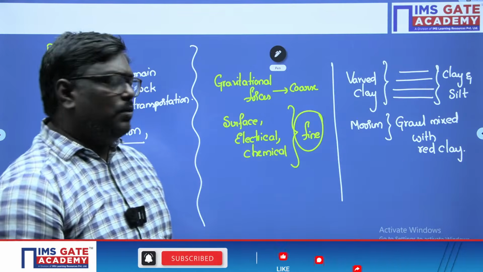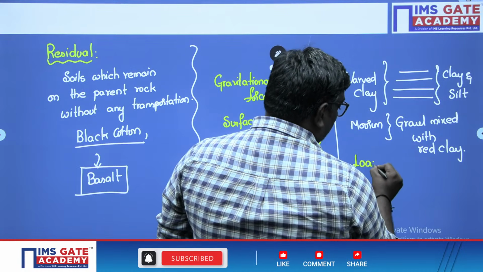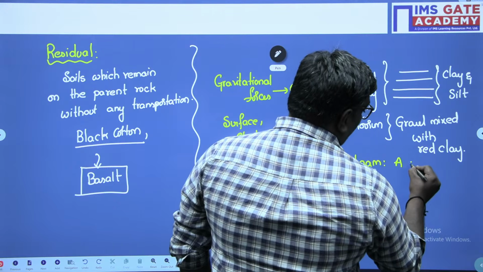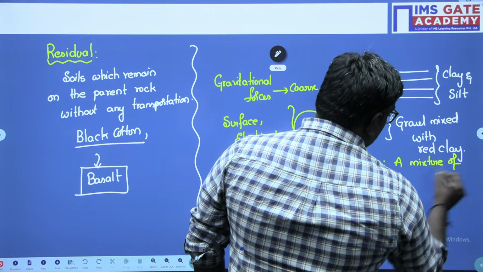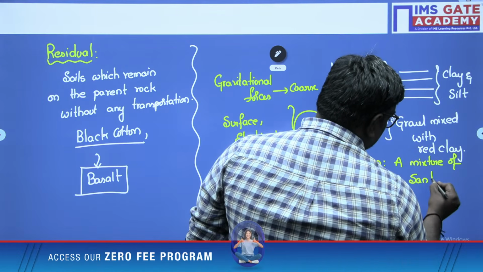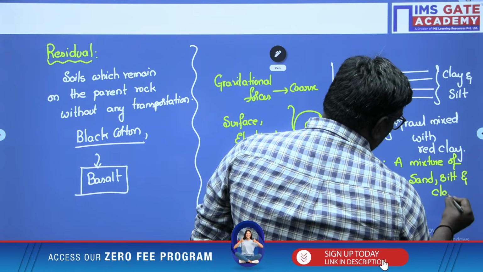And we also have loam. Loam means a mixture of sand, silt and clay in equal proportions.